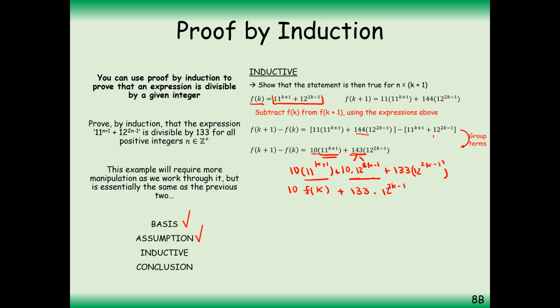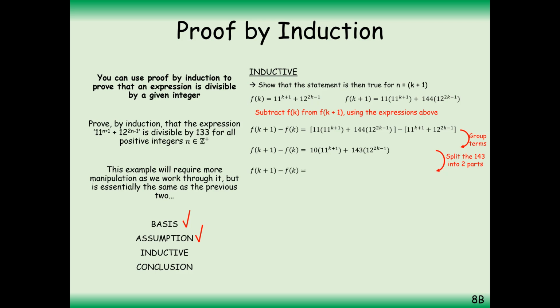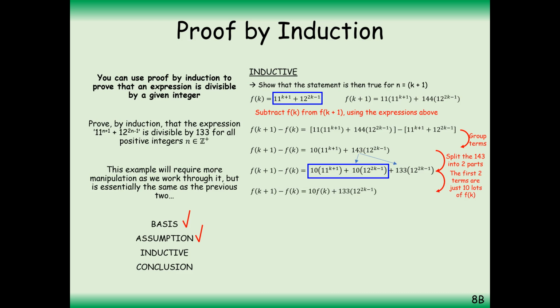So by this assumption, if I write this a little bit neater, and let me get rid of my writing, we end up with this expression there, which we said is 10 lots of f of k already. And this is the difference between f of k plus 1 and f of k.